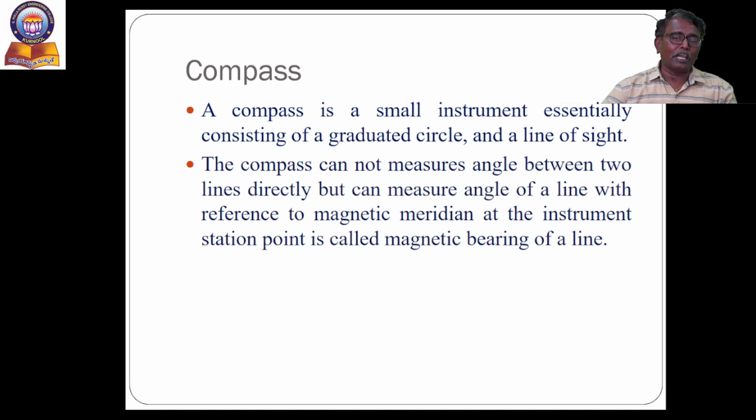This is called the magnetic bearing of a line. That means we cannot measure the angle directly, but we can take measurements with reference to the north direction, that is the magnetic meridian. By knowing the direction of that line, we can calculate the bearing of the line. From the bearing of the line, we can establish the angles.